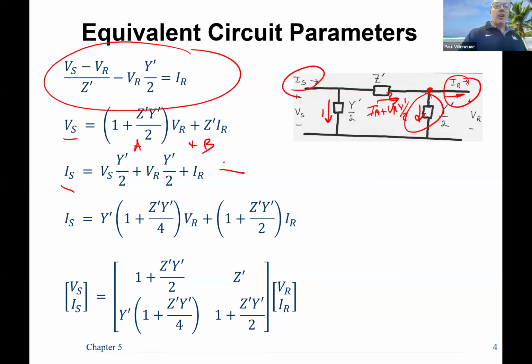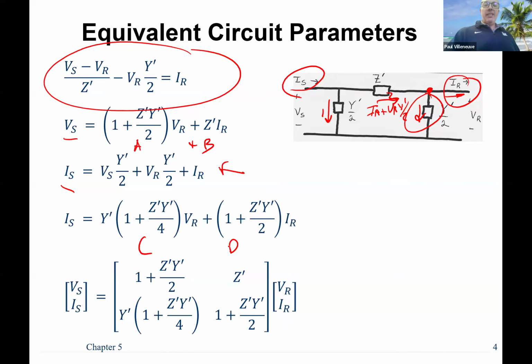So this is also a KCL, but at the first node. Okay. So now I do a little bit of algebra and I end up with something that multiplies VR, we'll call it C, and something that multiplies IR, which we will call D.